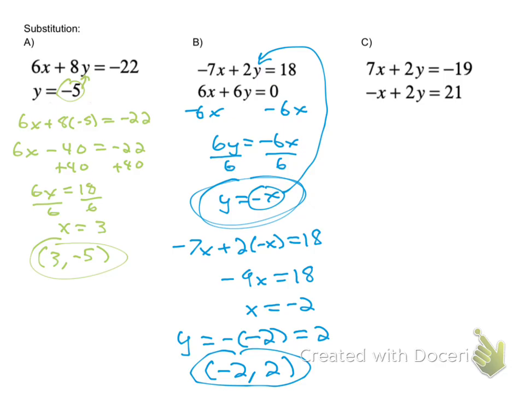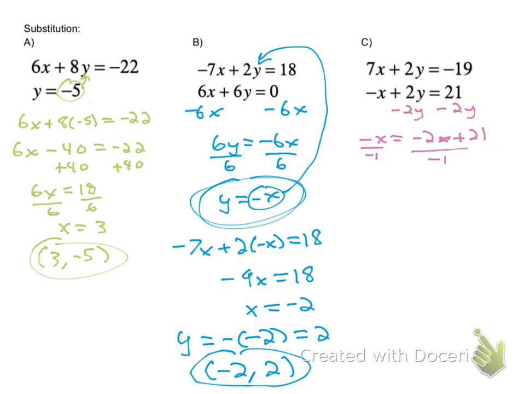And then C, I'm going to subtract 2y. Substitution, subtract 2y. -x equals -2y plus 21. Divide by -1.